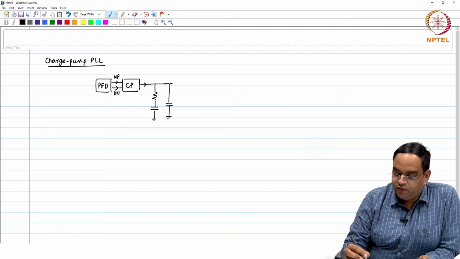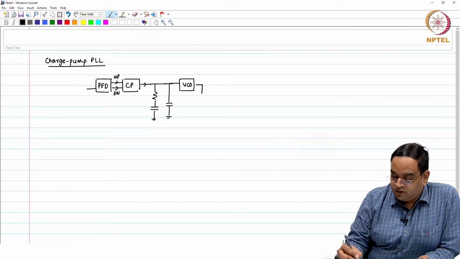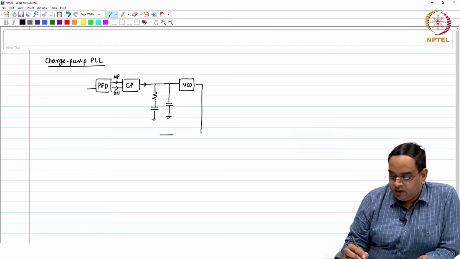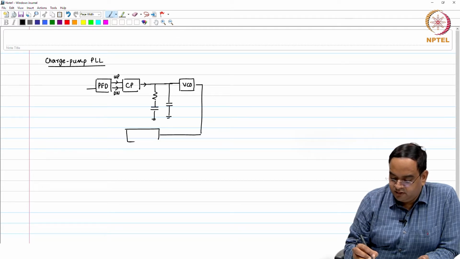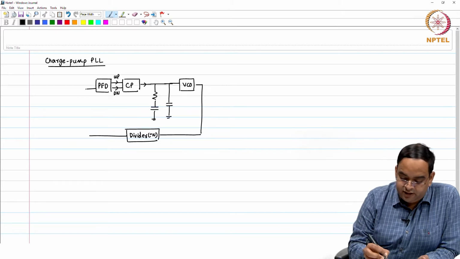The output of the loop filter controls the oscillator frequency, and the oscillator output is fed to a clock frequency divider which divides the frequency by N, and it feeds back into the PFD.